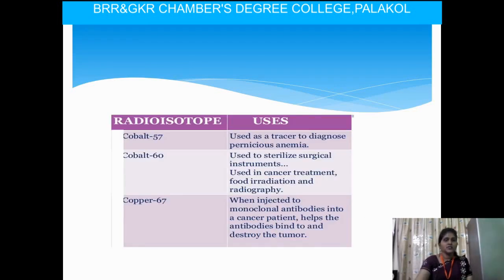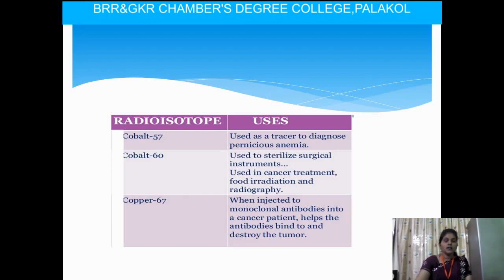And other radioisotopes like cobalt 57 is used to diagnose pernicious anemia, and cobalt 60 is used to study cancer treatment, and it is also used for food irradiation, during food packing, and in the sterilization of different surgical instruments like syringes and some of the bottles which are included in the sterilization materials.